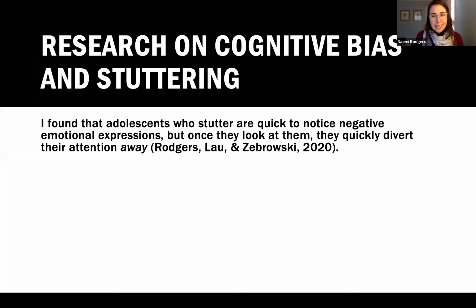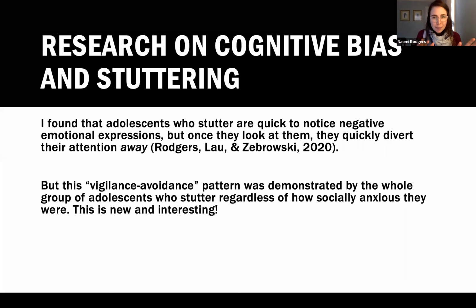And what's interesting is that this vigilance avoidance pattern, where they're quick to identify the negative face, that hypervigilance towards negativity, but then quick avoidance, that pattern of attention was demonstrated by, as a group, all the adolescents who stutter, regardless of how socially anxious they were.